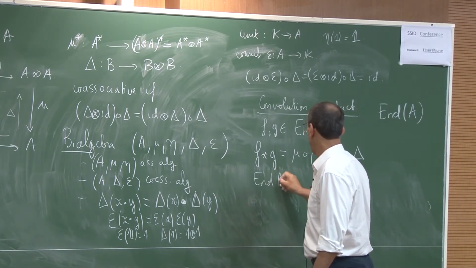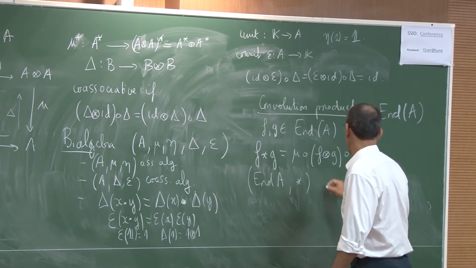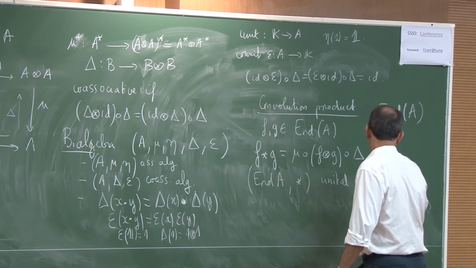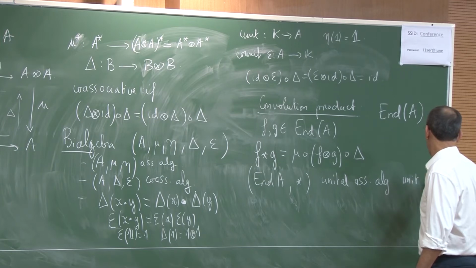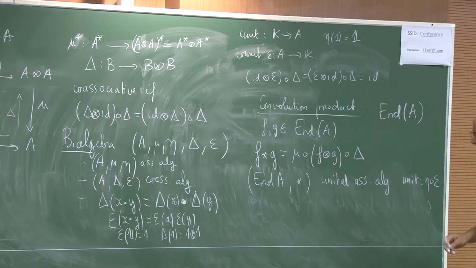And A with this convolution product is a unital associative algebra, and the unit here is eta composed with epsilon.